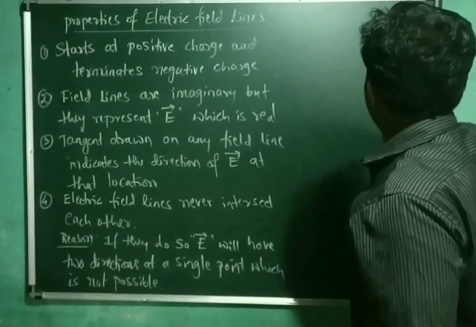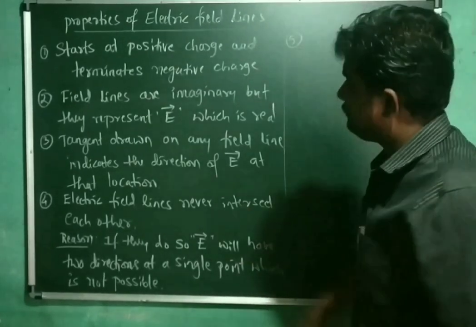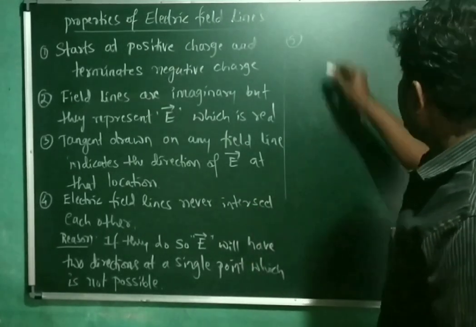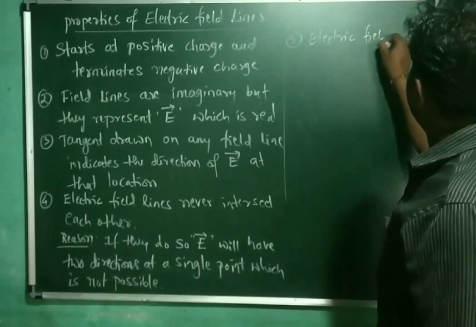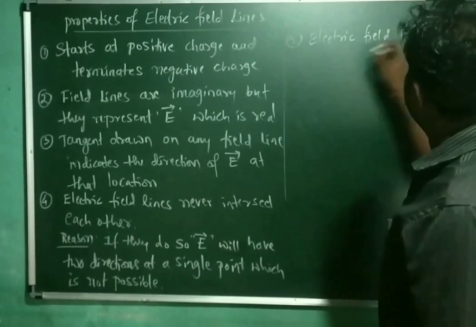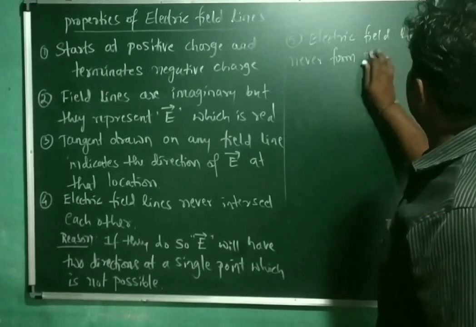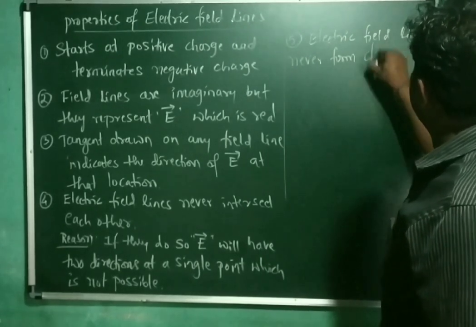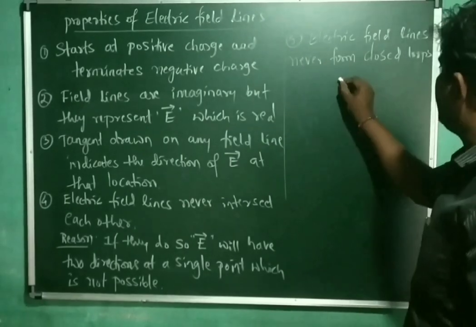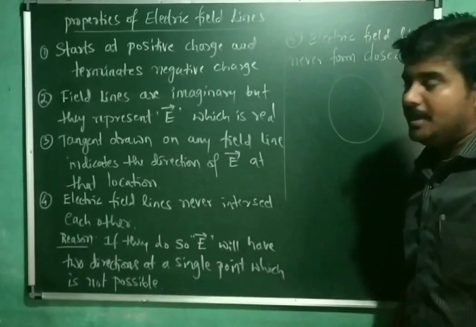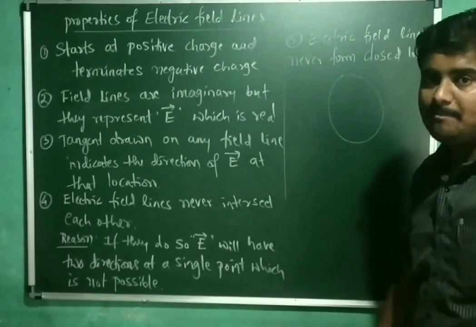Next, fifth property: electric field lines never form closed loops. If this is a closed loop, then the starting point and the end point are the same.